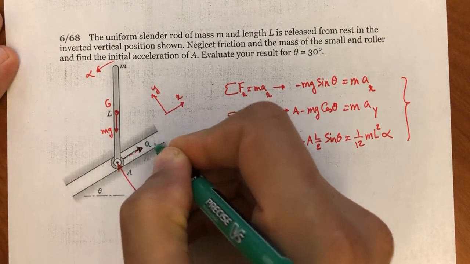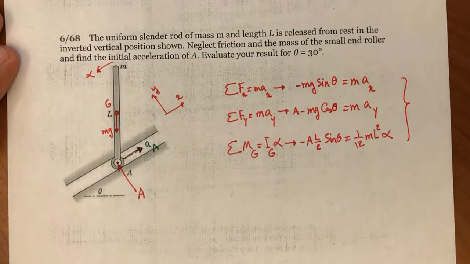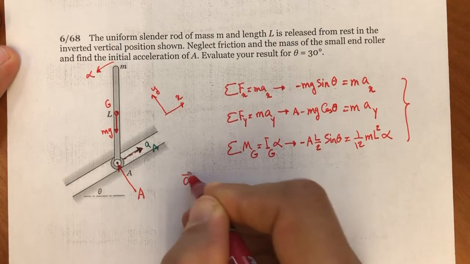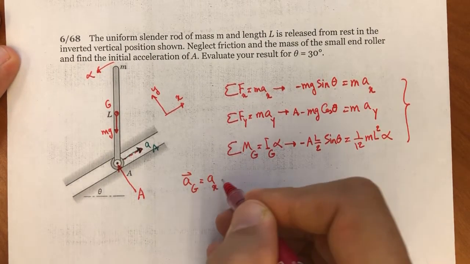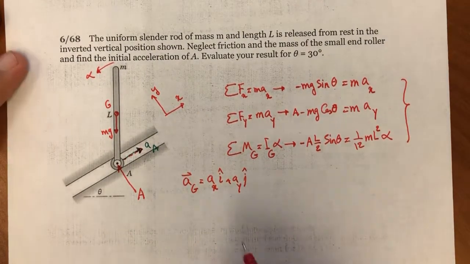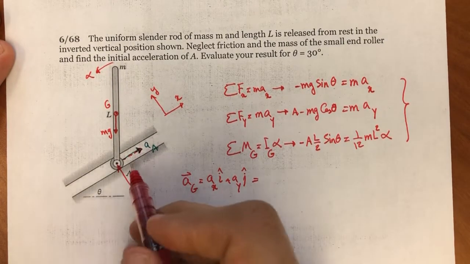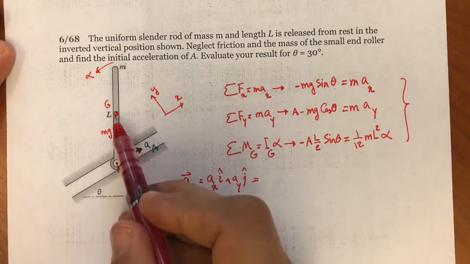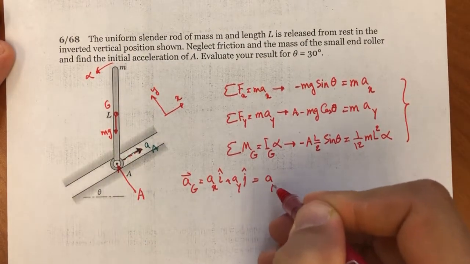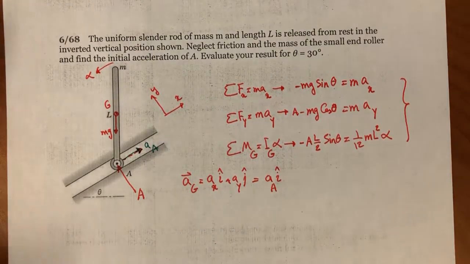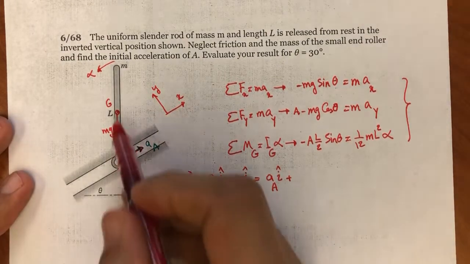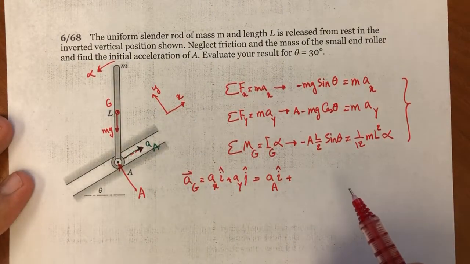So if I say acceleration of A is in the x direction, acceleration of G, which I assumed is AX in the I direction and AY in the J direction in these equations, is gonna be equal to acceleration of A plus acceleration of G with respect to A. So I'm gonna have acceleration of A, which is in the I direction, plus omega cross r, but there is no omega, so I'm not gonna have that one.